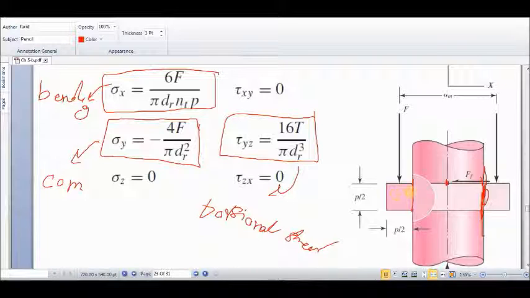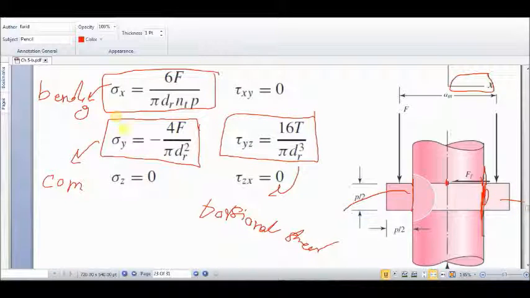Because the thread is going to bend in this way, by applying the load the thread tends to bend in this way. So as you can see, the direction is sigma x, in the x direction.